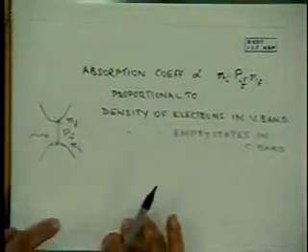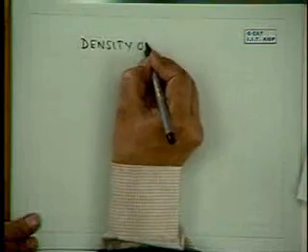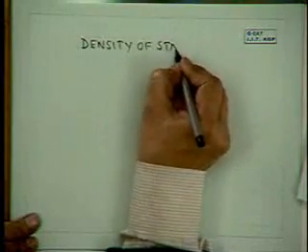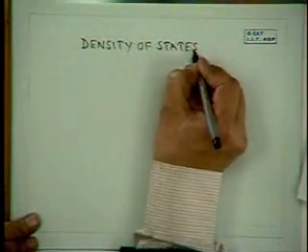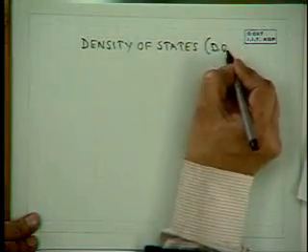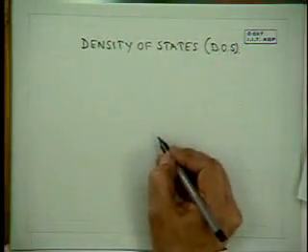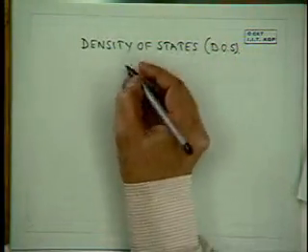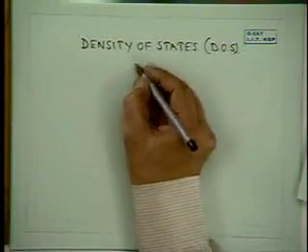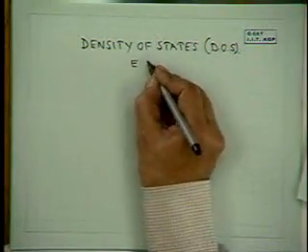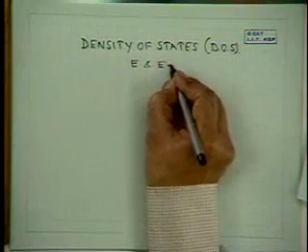So the first step in this procedure is to look at what is known as the density of states or DOS of electrons between energies E and E plus dE.